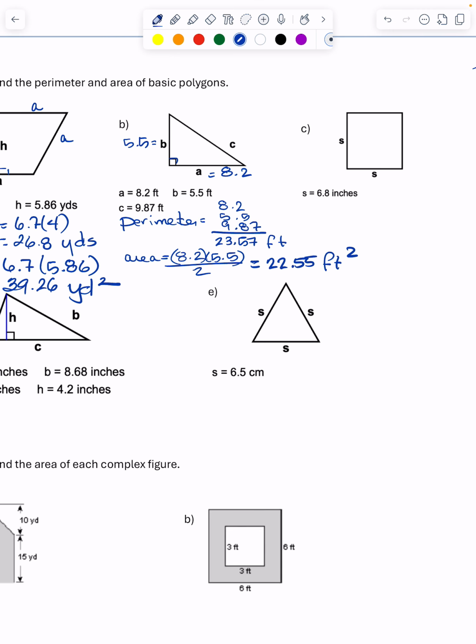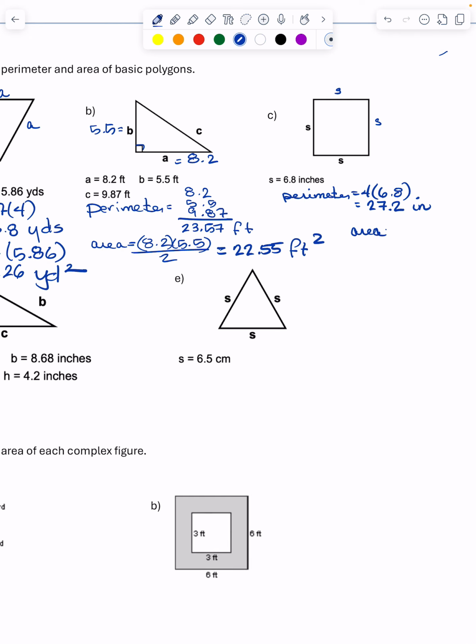A square, all 4 sides are the same length. So the perimeter is going to be 4 times 6.8. When we multiply 4 times 6.8, we get a perimeter of 27.2 inches. Again, it's distance around, so it's just inches.